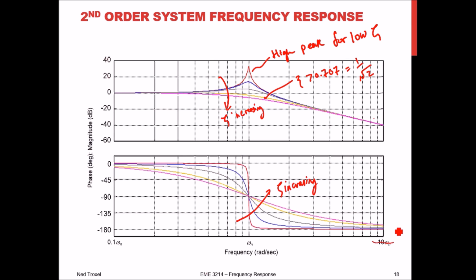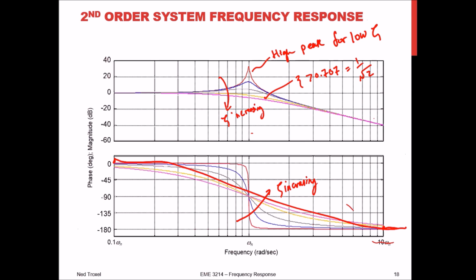Okay. For the last one that's plotted, you can see essentially we have this straight line through here, which is how we approximate it. For the last one, we would draw the approximation like this for the phase plot, but you can see for smaller values of zeta, we need to do much more steep.